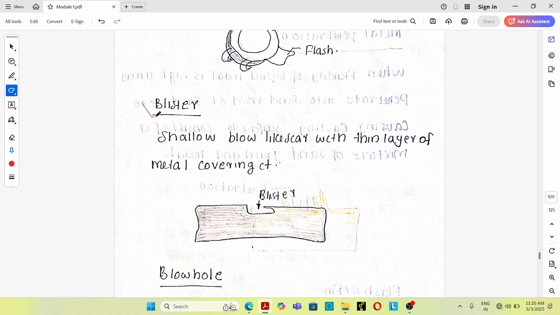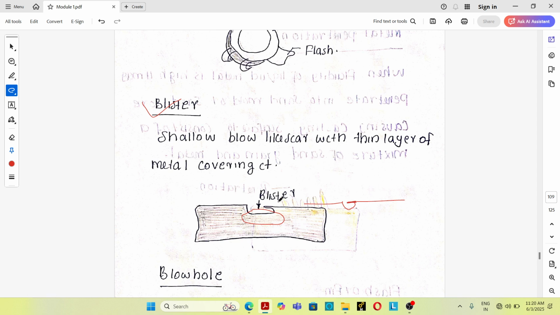Next one is blister. Blister is a shallow blow like a scar with a thin layer of metal covering it. There will be a blow, with a thin layer of metal covering the cavity, and that is known as blister.